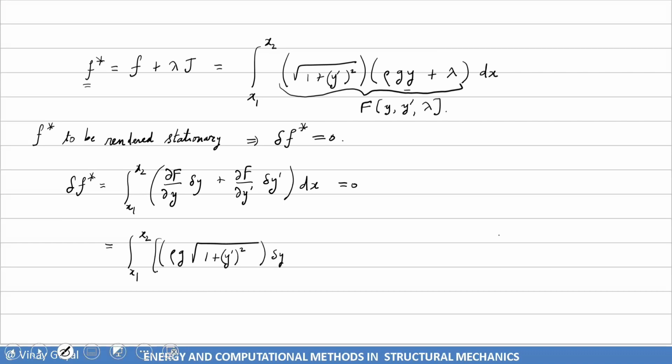Then I have the term which is the derivative with respect to y prime. For that term, I get rho g y plus lambda. Now the derivative of that is 1/2 (1 plus y prime squared) to the minus 1/2 times 2y prime and then del y prime.